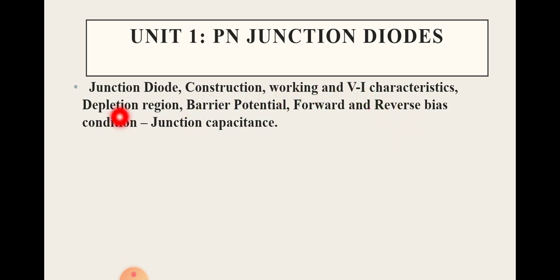We are going to study the junction diode, the construction and working principle of PN junction diode, the voltage and current characteristics of PN junction diode, depletion region, barrier potential, forward and reverse bias condition of PN junction diode. So all these are related with the PN junction diode. Okay, so that we are going to study in point 1.